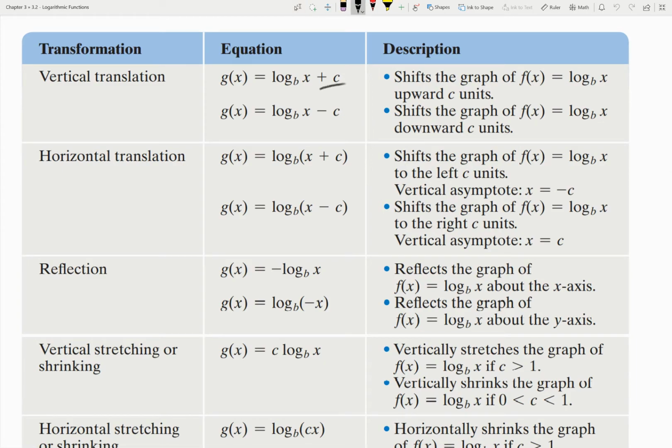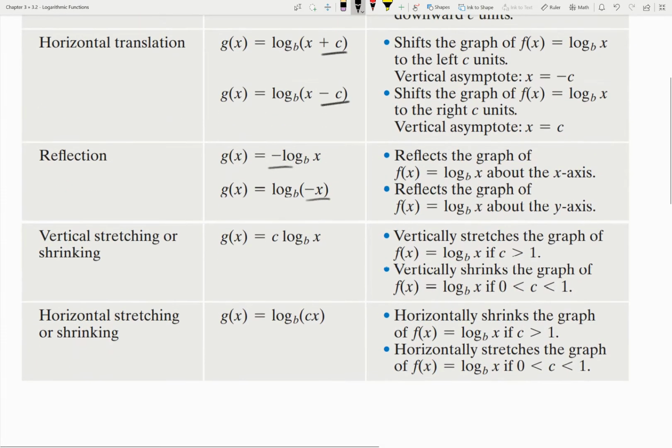So if I want to move it up, I add something, or down, subtract something to the outside of the logarithm. Right or left, I would add or subtract something to the inside of the logarithm. Reflection in the x-axis goes in the front. Reflection in the y-axis puts the negative inside the logarithm.